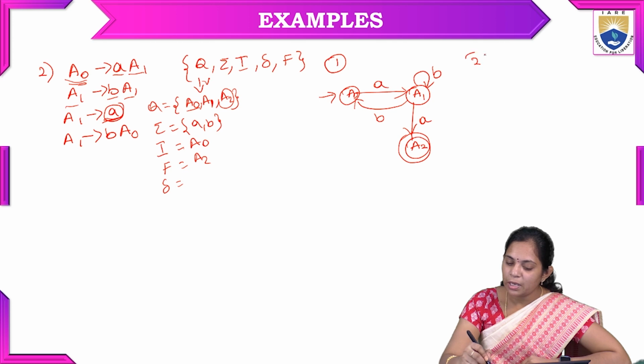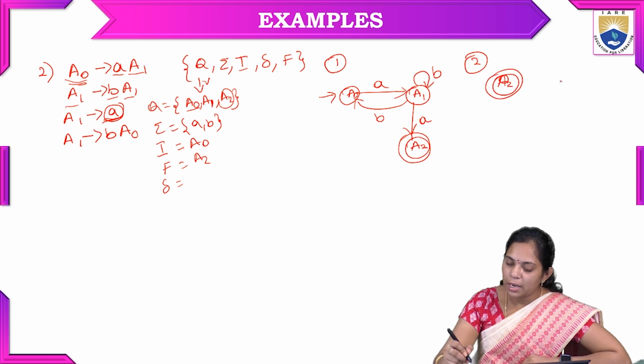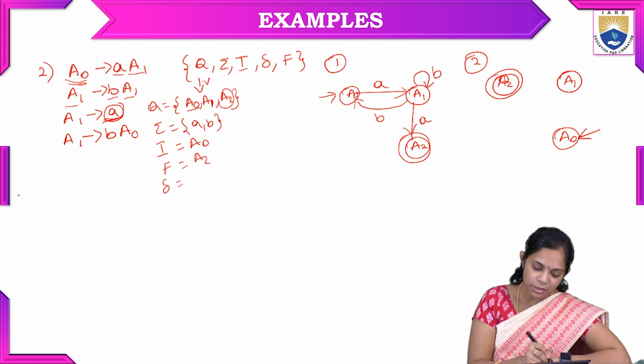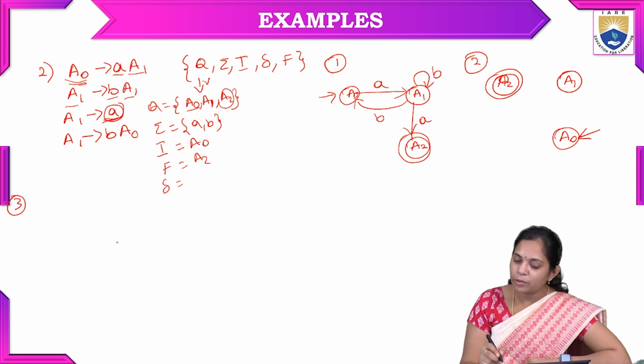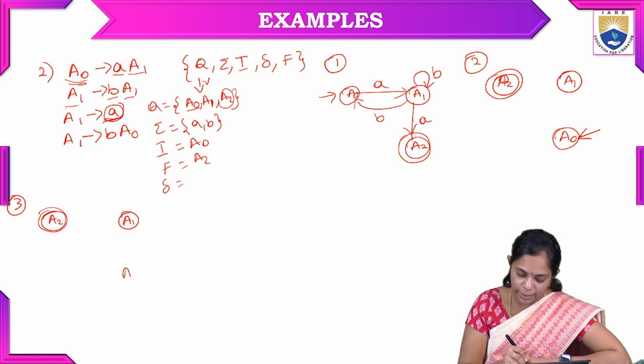And in the second step we have to interchange the positions. Interchanging the positions in the sense: first the final state, A2 is the final state, so we write it here, and A1 as it is, and A0 is the start state. In the third step we have to reverse all the edges. Reversing all the edges in the sense: first A2 as the double circle, A1, and A0 as the initial state.